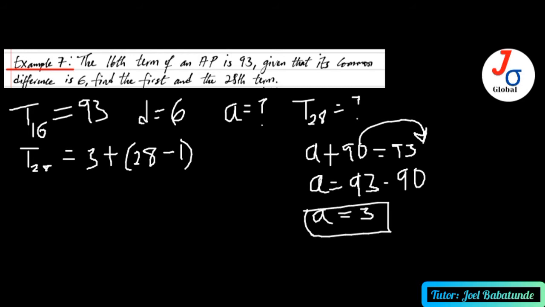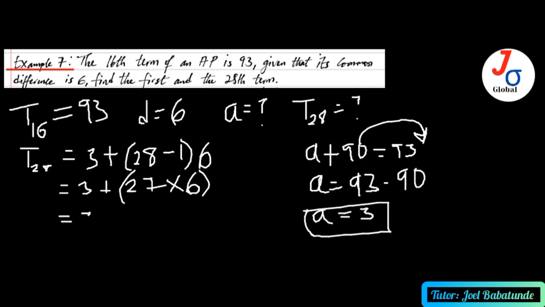So can we find our T28, our 28th term? You have 3 plus 29 times 6. Is it 29? Sorry, 27. Pardon me, this was supposed to be 27. 28 minus 1 is 27. Pardon me, please.